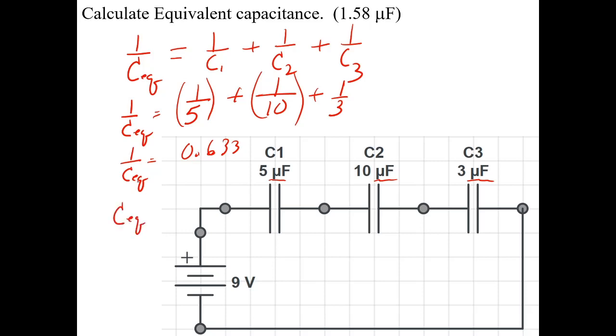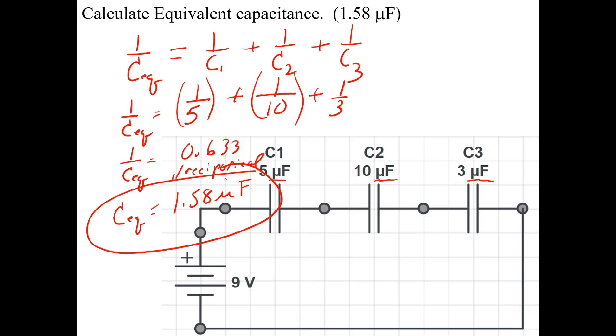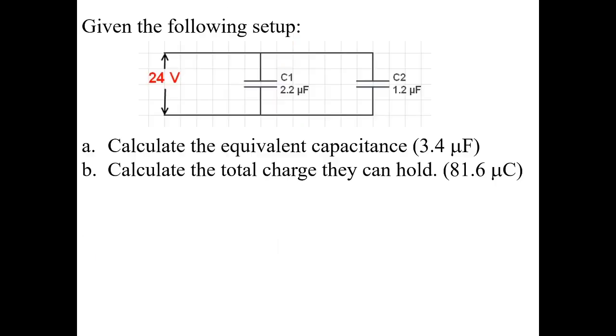But don't forget, this is 1 over C equivalent, so we do have to take the reciprocal. And the minus 1 here, 1.58 microfarads. So it's going to depend on whether they're in parallel or series, which one you use.